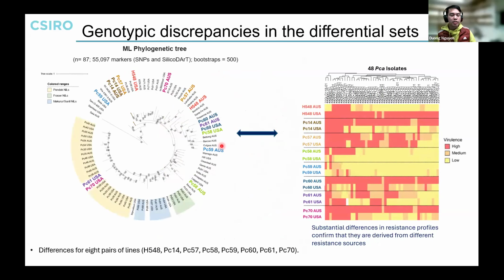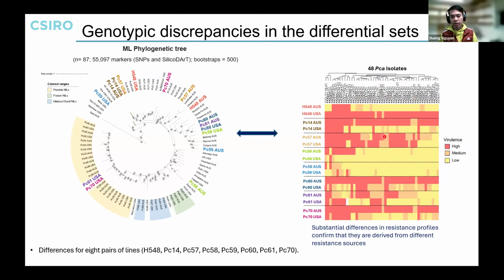Based on the genotypic discrepancy, we wanted to see if that discrepancy also converts into a difference in phenotypes. So we phenotyped the different lines using 48 Pca isolates to generate a virulence heat map. In the heat map, the color coding is: red is high virulence, orange is medium virulence, and yellow is low virulence.